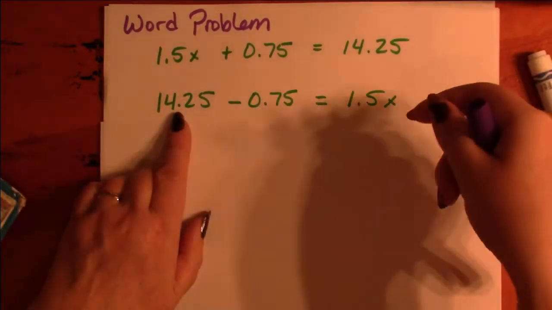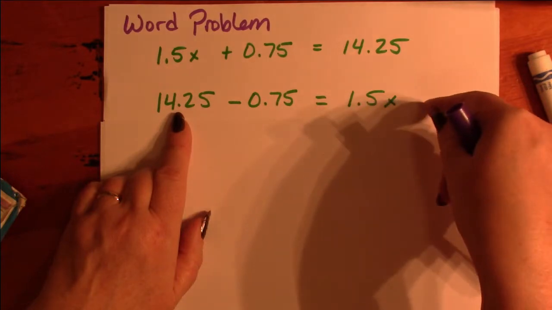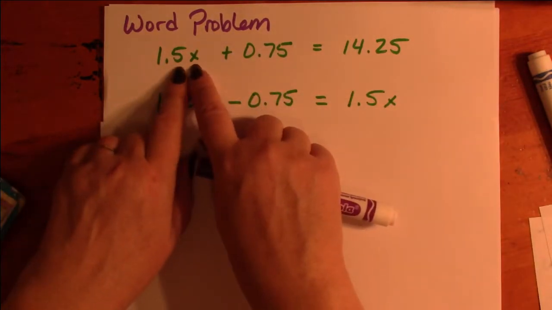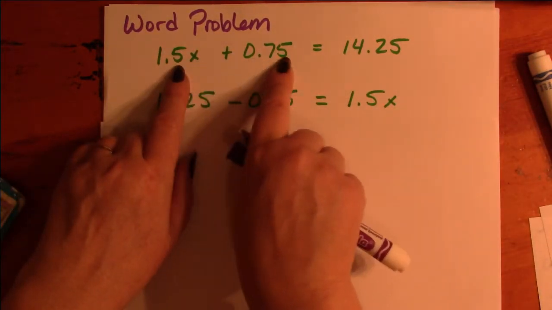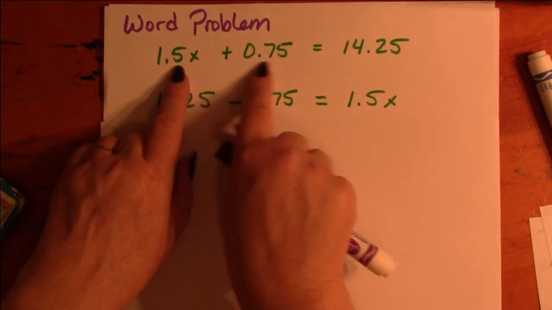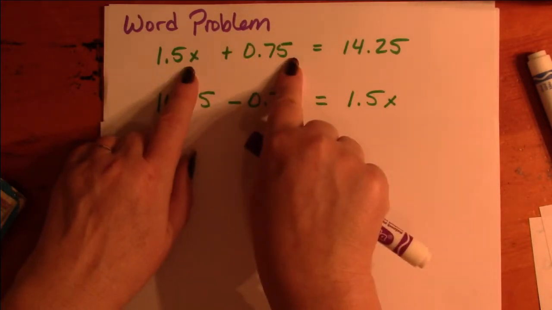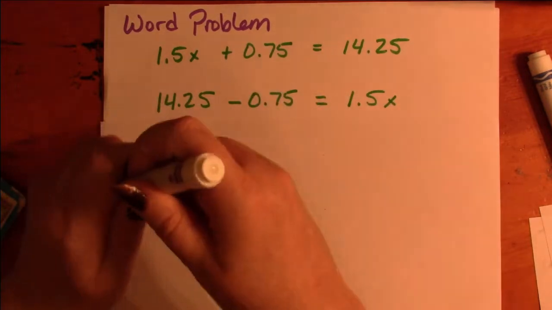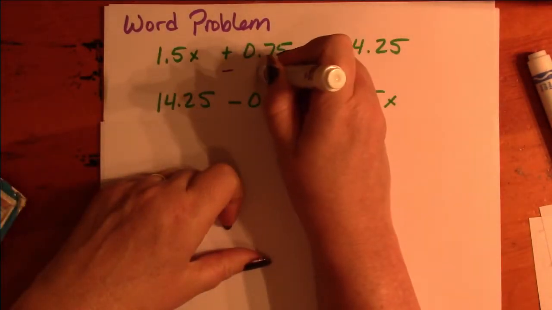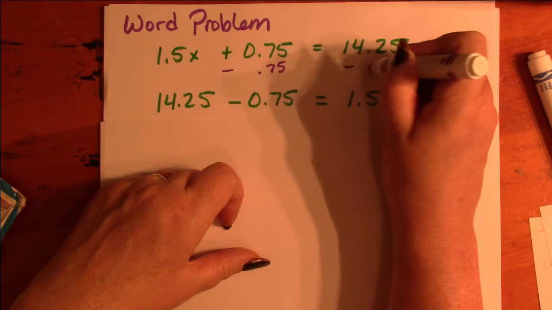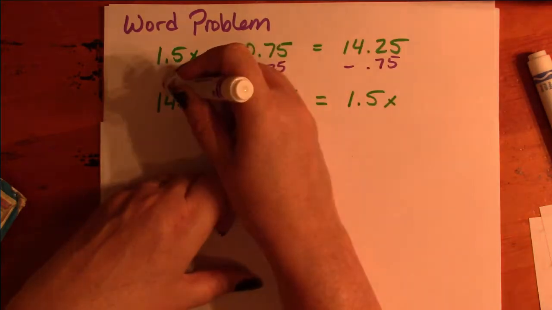I need to show you that these two are the same thing, because here, when they have 1.5x plus 0.75, the first thing they're going to do is get rid of this to get their x. And they're going to say minus 0.75 minus 0.75.